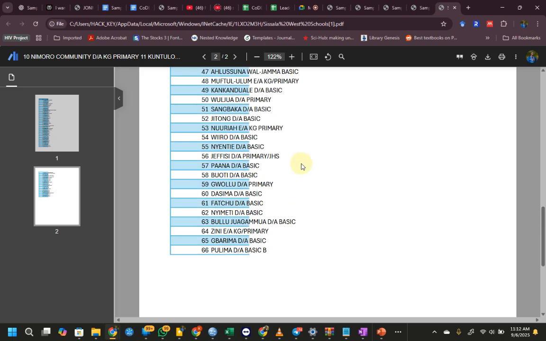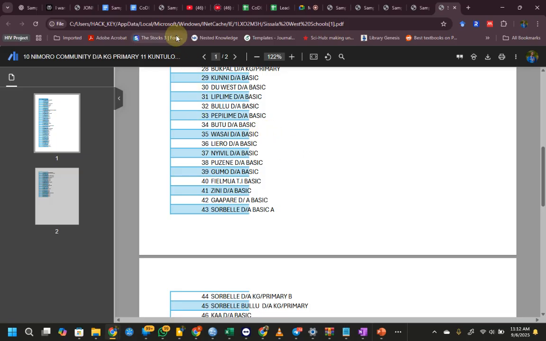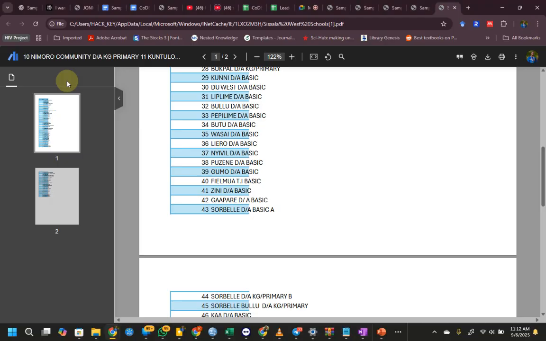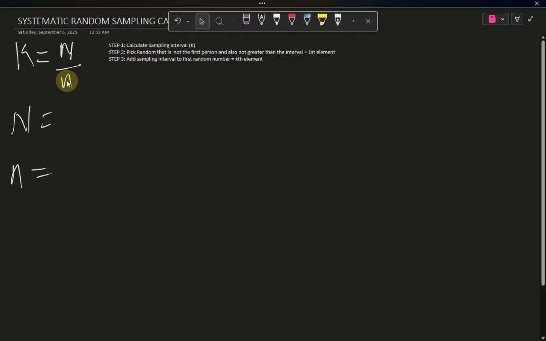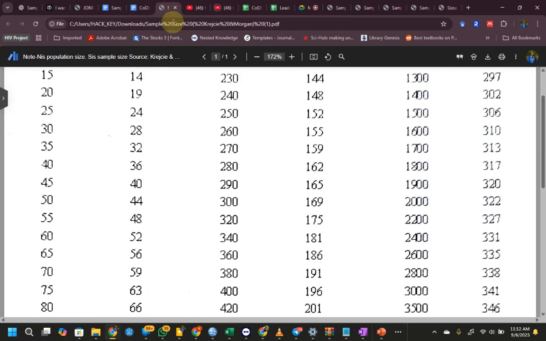66. Good. So what will be our sample size according to Krejcie and Morgan? Because remember, for us to calculate our sampling interval, we need to know the sample size.